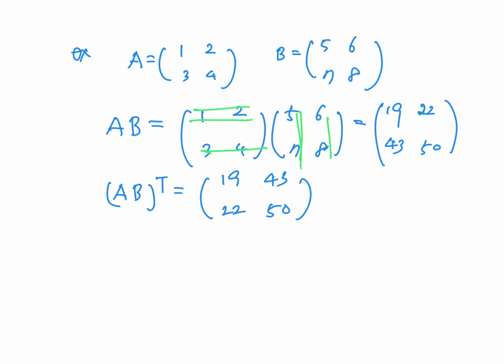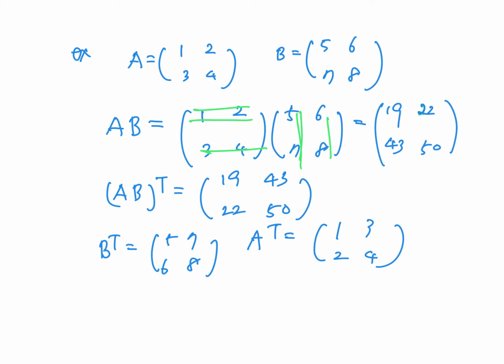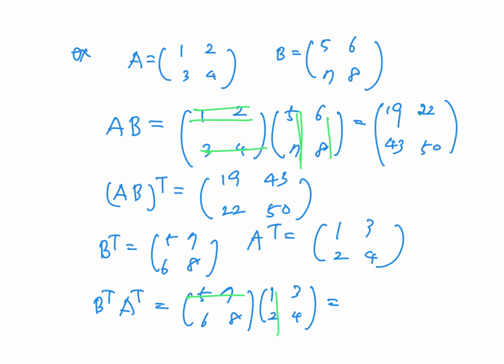How about B transpose? It's 5, 7, 6, 8. A transpose is 1, 3, 2, 4. If we multiply B^T times A^T, that's 5, 7, 6, 8 times 1, 3, 2, 4. First, five plus 14 is 19.